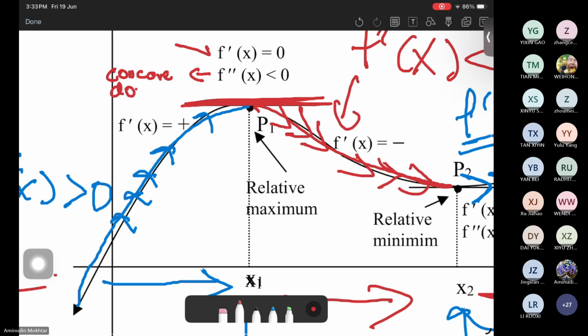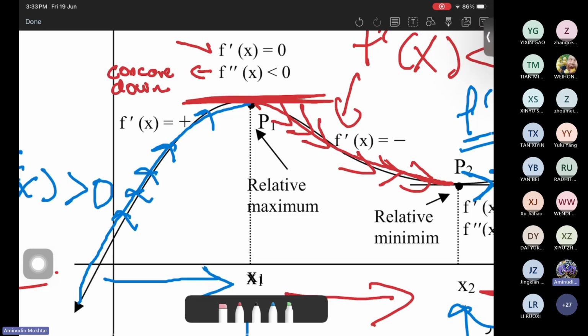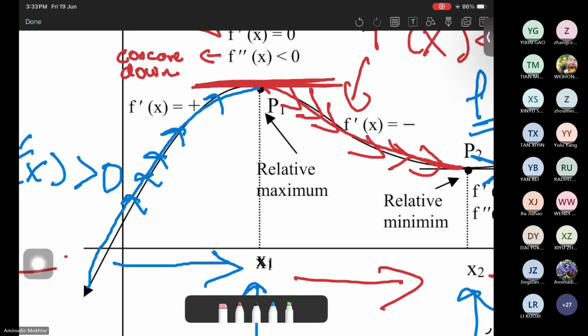Concave down means the graph is cekung ke bawah. When we move from left to right, you can see here the graph is concave down. I highlight the graph in green color.